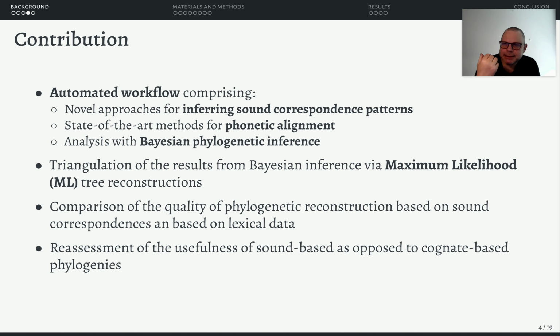On top of this, as a sanity check, we also used maximum likelihood phylogenetic inference, and this proved useful. And we compare this workflow with the by now traditional workflow using cognacy data. Comparing the results gives us some insight about how strong the signal in these different kinds of data is.